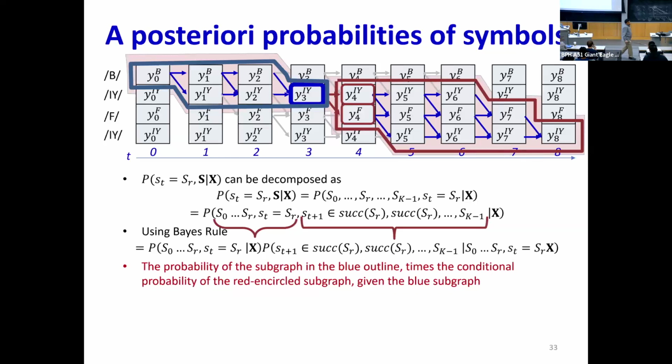So what does this mean? The total probability of all paths that align E to the third input is going to be the total probability of all alignments of the first 4 inputs to the first 2 symbols, times the total probability of the subsequent 5 inputs to symbols 2, 3, and 4, conditioned on the initial portion aligning with E going to 3.